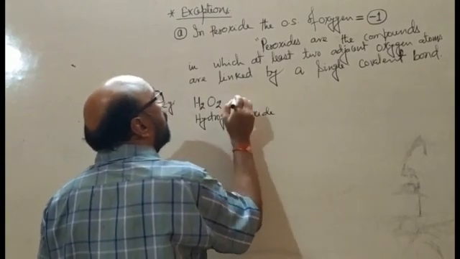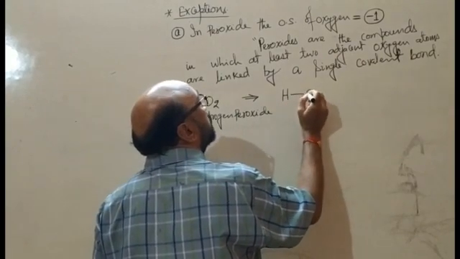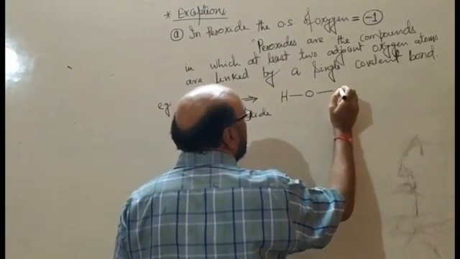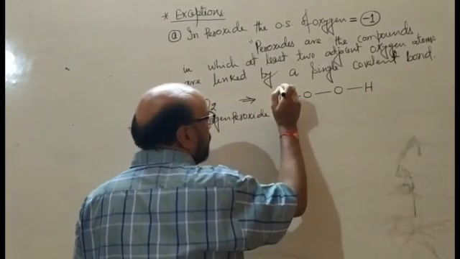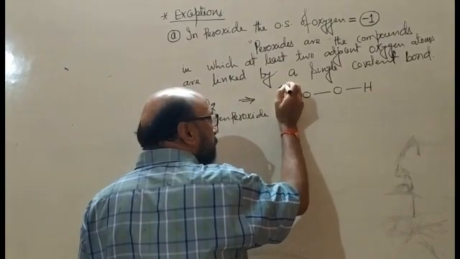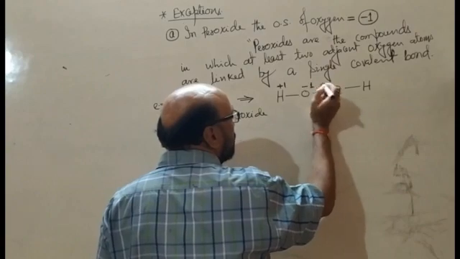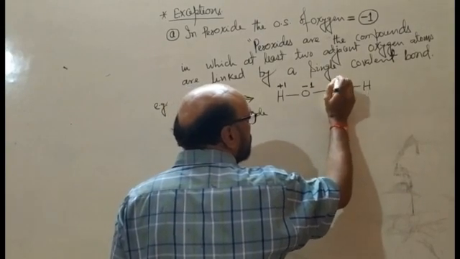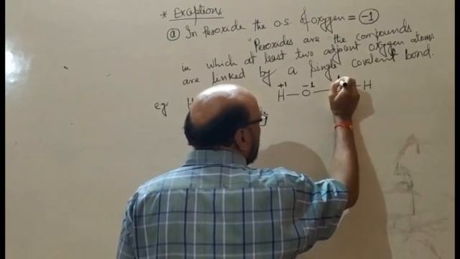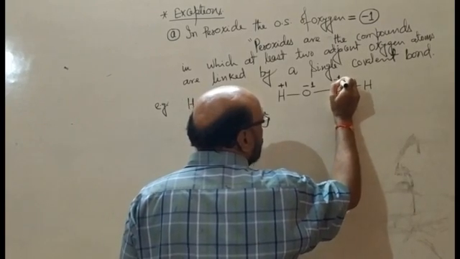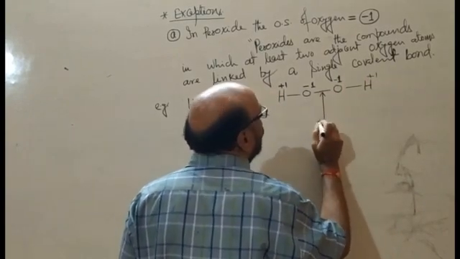If you write its structure, it is H single bond O single bond H. Here the oxidation state of hydrogen is +1, and these two oxygen are the oxygen of the peroxide bond. This is called the peroxide bond.